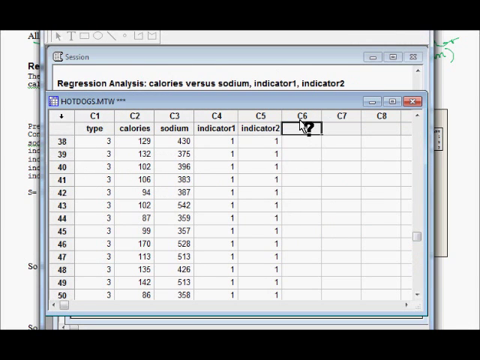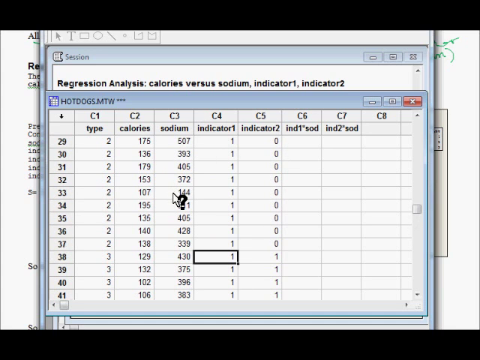So this one I call in 1 times sod, which in England's a bad word, but we'll ignore that. Don't want to teach you bad words. And over here we'll have indicator 2 times sodium. So all I do now is go to calculator, take sodium times the indicator. I know what's going to happen.